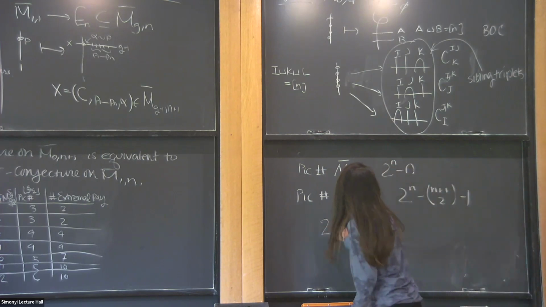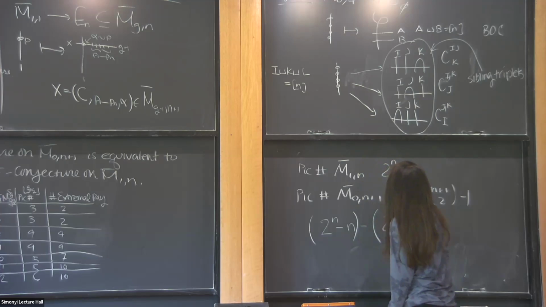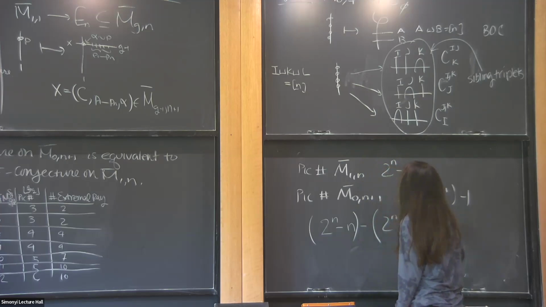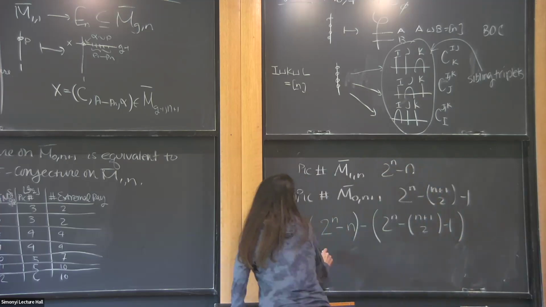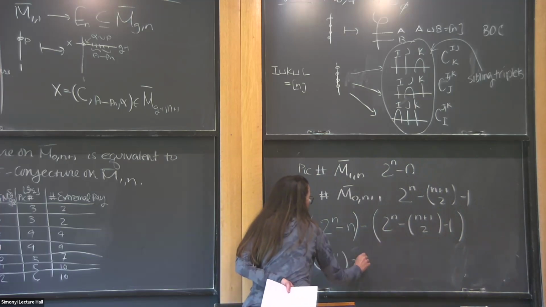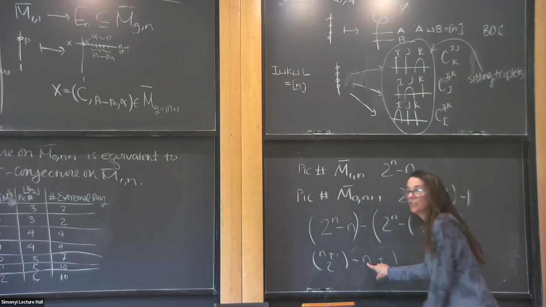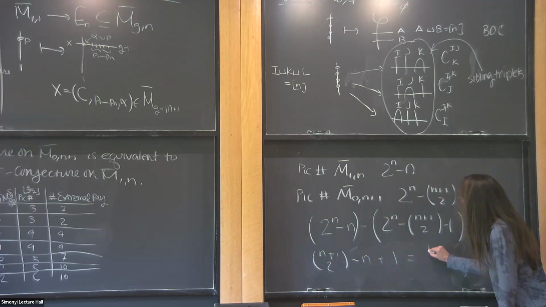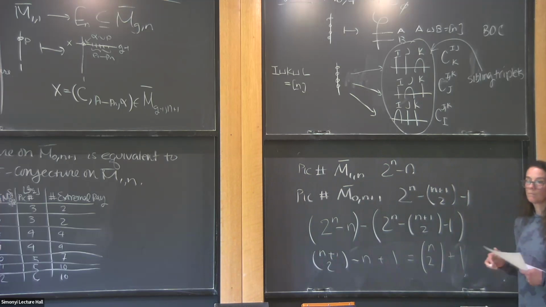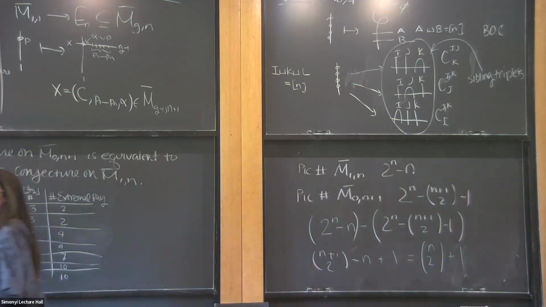So when we take the difference, we get n plus 1 choose 2 minus n plus 1. And this is n choose 2 plus 1. And that is very important information.